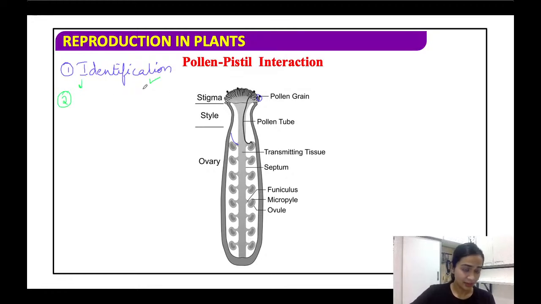In step 2, the stigma will secrete a sugar plus water secretion, like an enzyme, or let me call it a secretion. This sugar plus water secretion will enter the pollen grain. Once it is absorbed by the pollen grain, the pollen grain will try to increase in size.